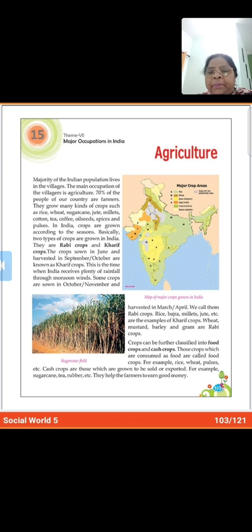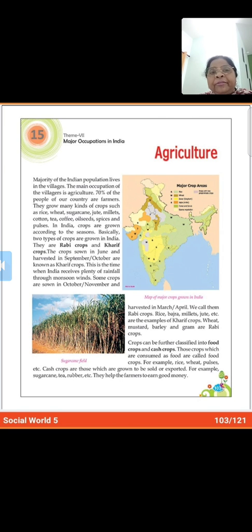So you have to remember, okay, when are these rabi crops grown and when are they harvested, and what are the crops which are included in rabi crops in that group. Okay, and these are also called winter crops. October, November, winter starts that time, no? So these are also called winter crops.